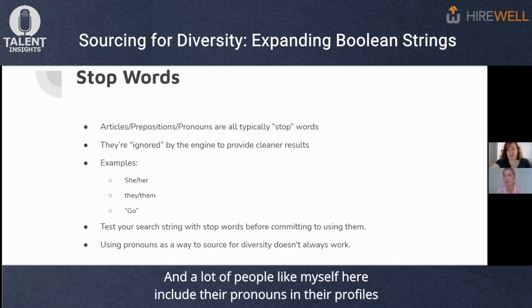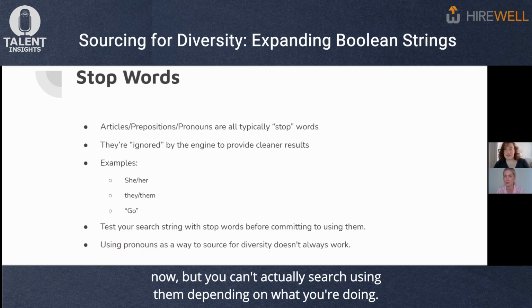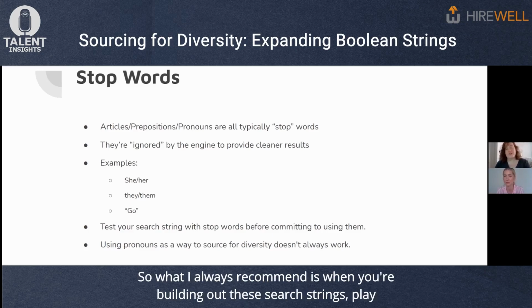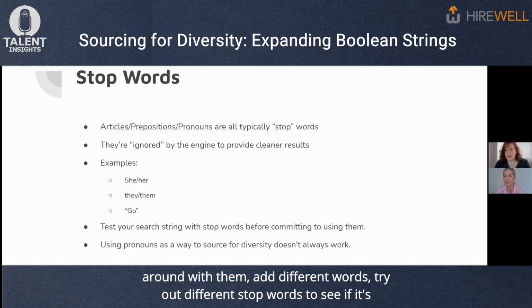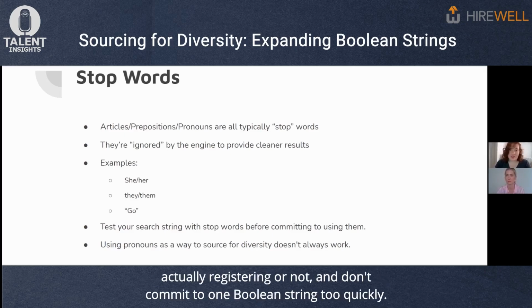A lot of people like myself include their pronouns in their profiles now, but you can't actually search using them depending on what you're doing. So what I always recommend is, when you're building out these search strings, play around with them. Add different words, see what works, try out different stop words to see if it's actually registering or not, and don't commit to one Boolean string too quickly.